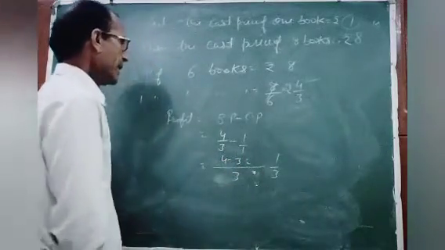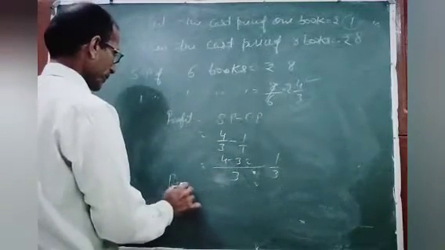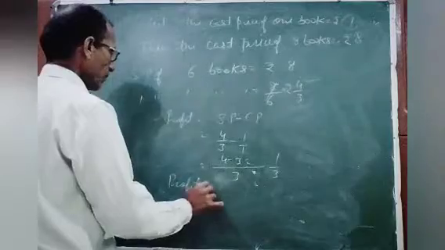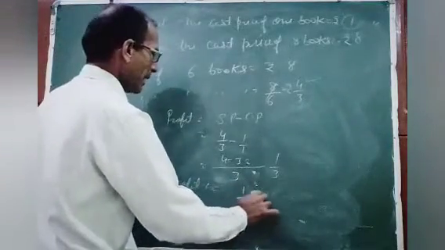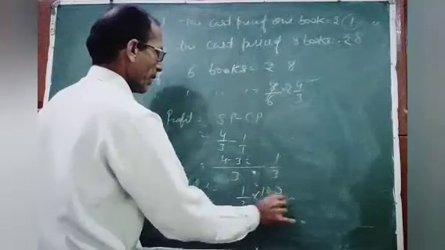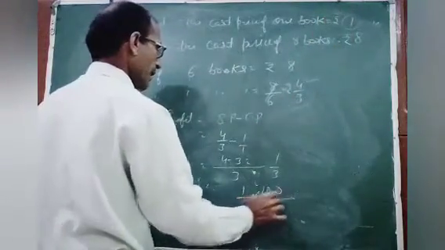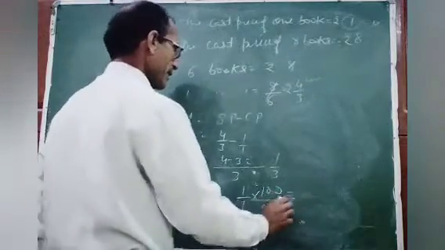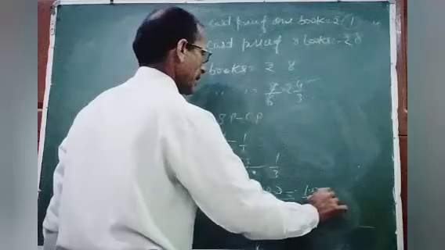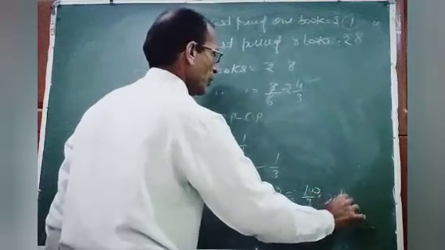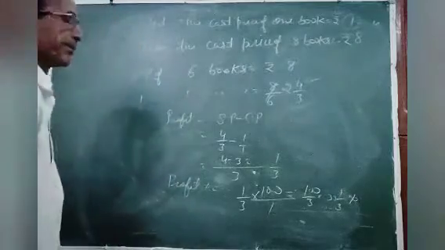This is profit. So profit percent, formula you know: profit multiply by 100 upon CP. CP is 1. So 100 by 3. It means 33 into 1 by 3%. This is profit.